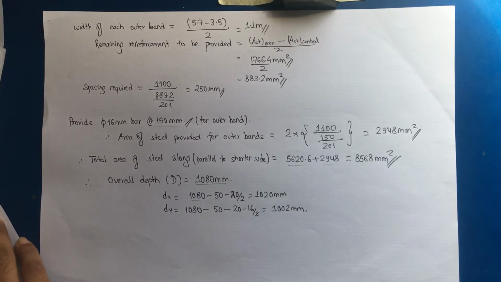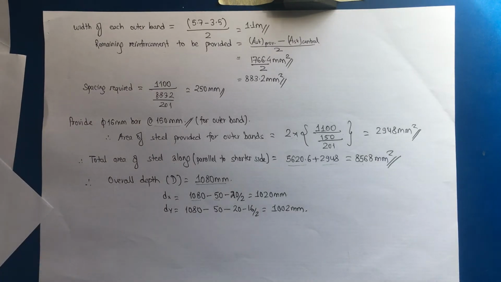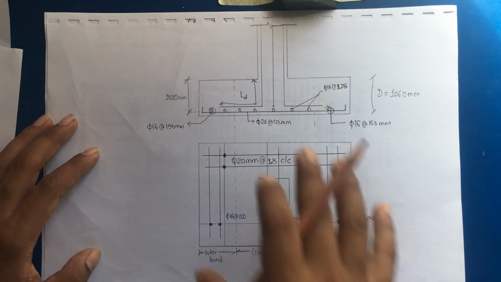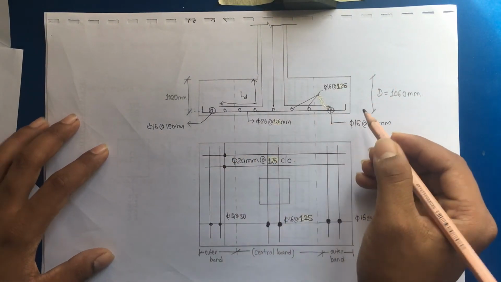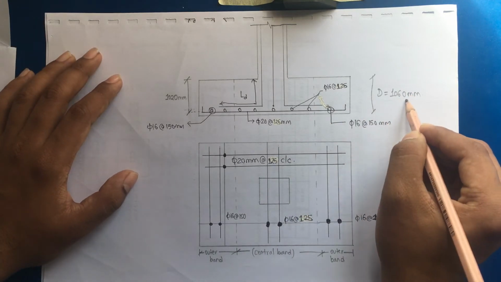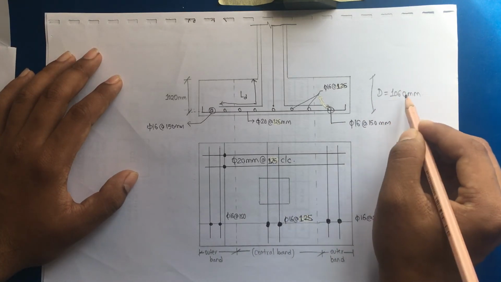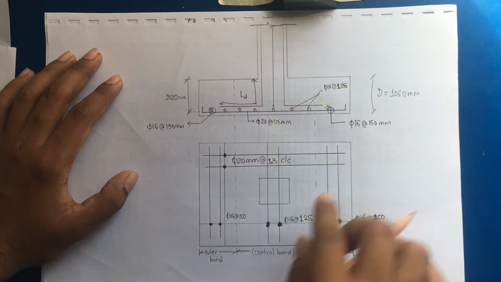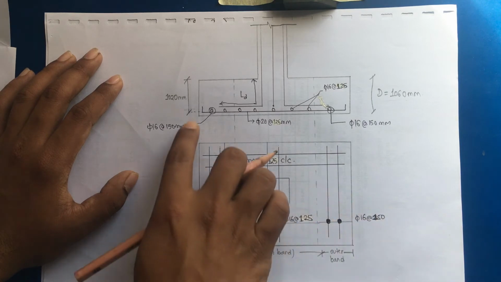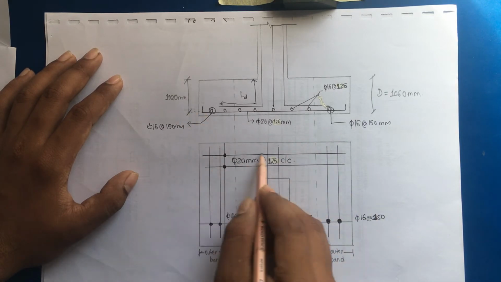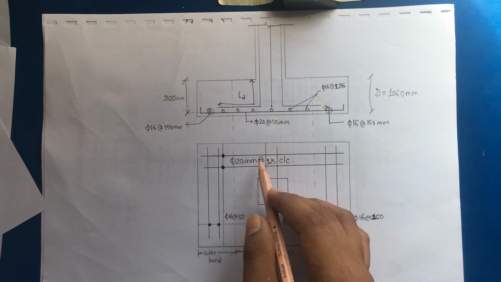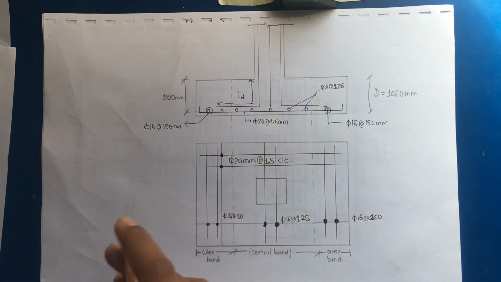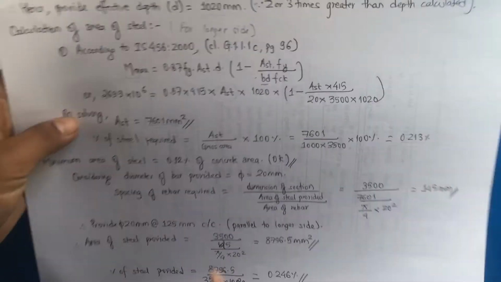I just wanted to make this clear about the 1080 mm d. Firstly, let me show you the reinforcement detail. So this is the reinforcement detailing of the footing, where the depth is provided as 1060 mm overall, and parallel to the longer direction, the main bar is 20 mm at 125 center to center, as we have calculated.